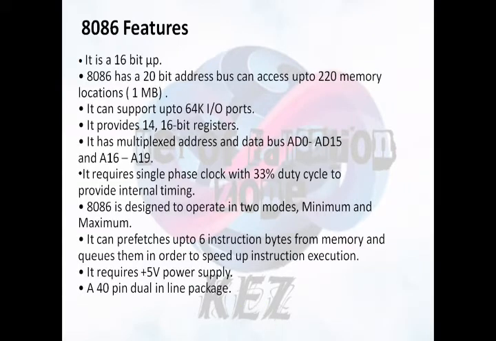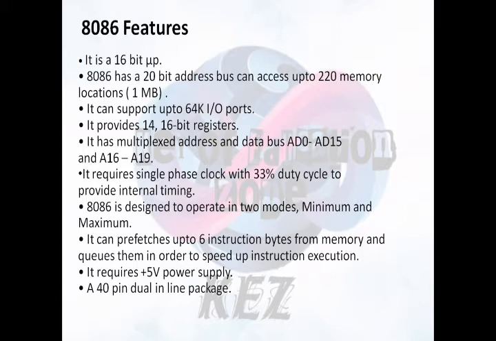See this, the features are coming on the screen. It is a 16-bit microprocessor. 8086 has 20 address buses. There were 16 address buses in 8085.